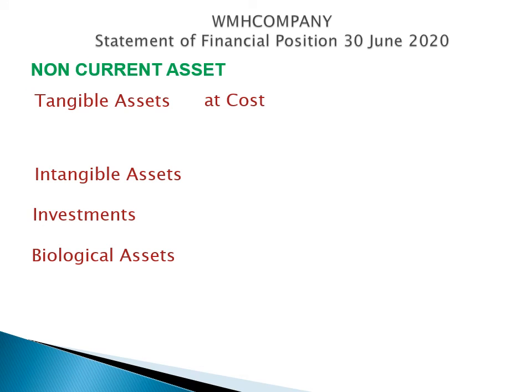So you need to show what is the cost that you paid to purchase that tangible asset, the furniture, the buildings, or the office equipment. What are the costs that you paid when you purchased that particular tangible asset, and what are the accumulated depreciations, the amount that you assume has depreciated the value.